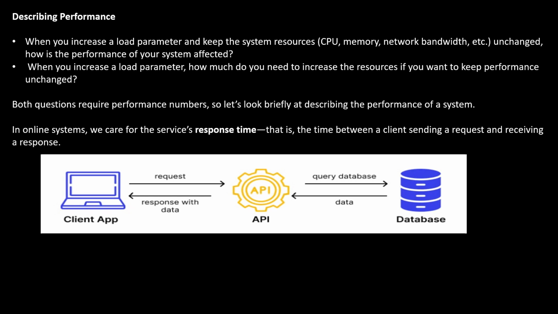So both the questions require a performance number. As I said, one such performance number could be service response time: simply the time taken from the user making a request to getting a response. In most cases of an online system, that is what is of importance, that we want to keep the response time within an acceptable limit.